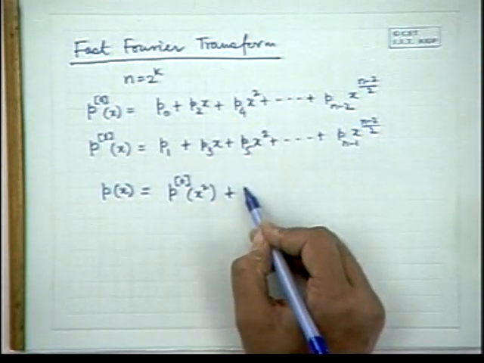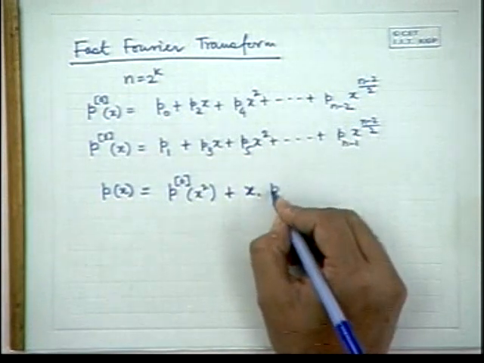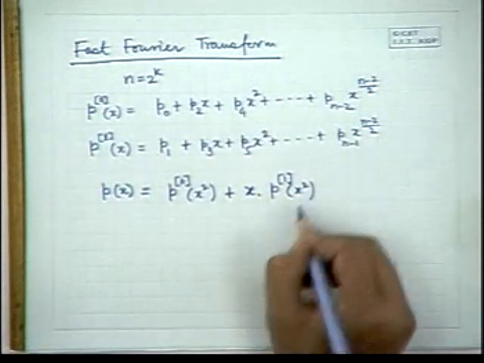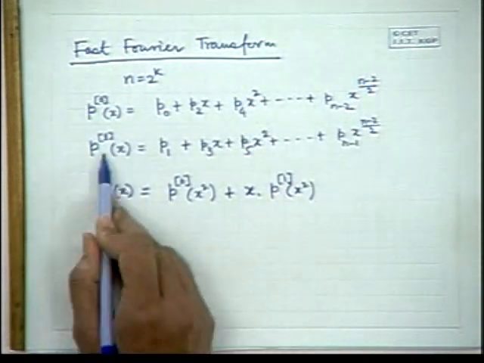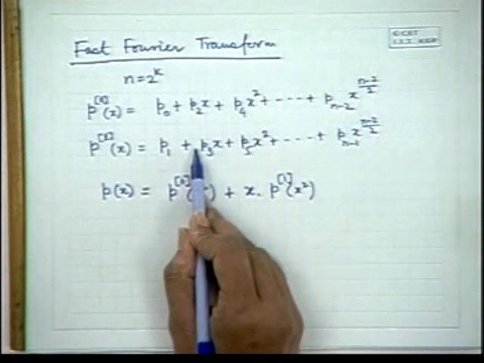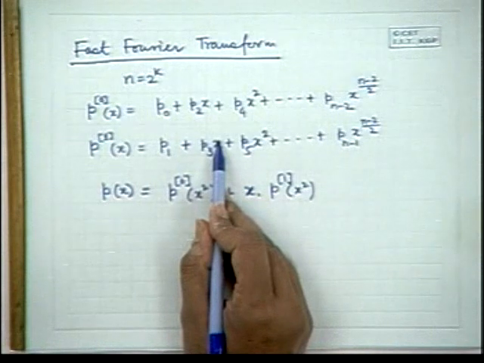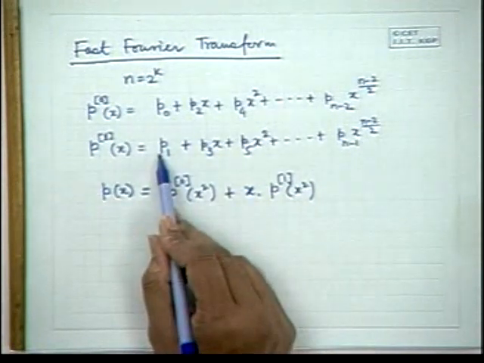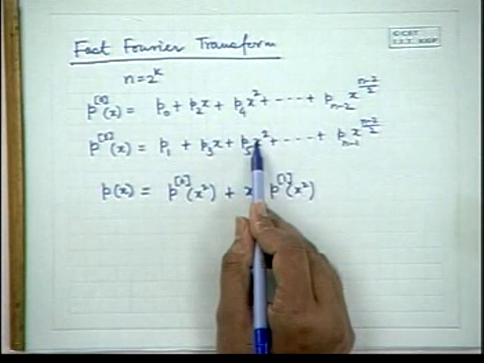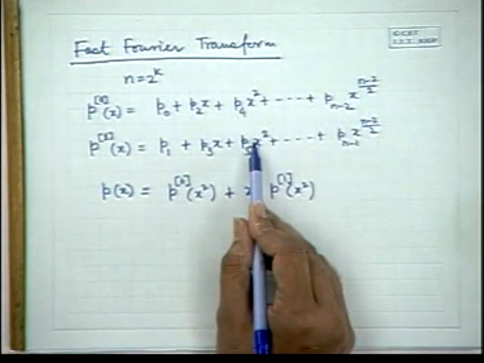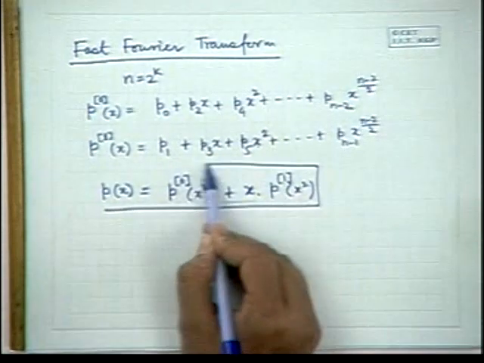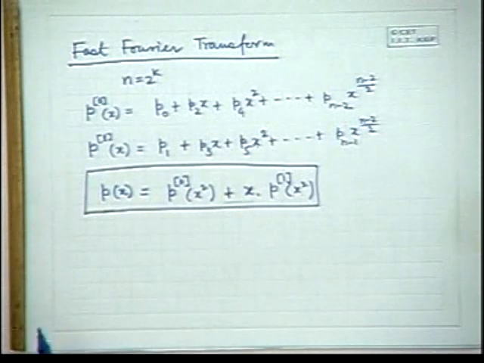Then you multiply with x and put p1 of x square again. p1 of x square gives p3 x square, which multiplied with x gives x cube. p1 multiplied with x gives p1 x. x square with x square gives x4, multiplied with x gives x5, which is right. So p(x) is exactly this.